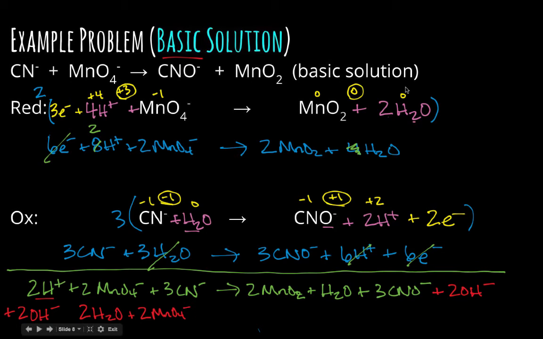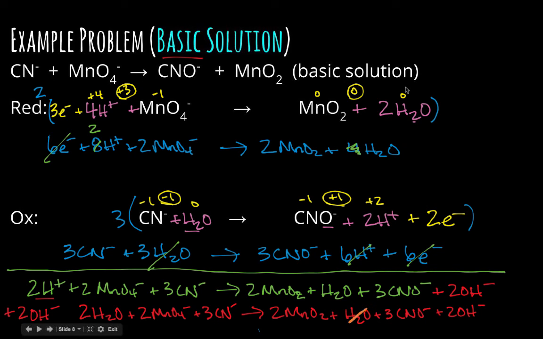2 MnO4 minus plus 3 CN minus gives me 2 MnO2 plus H2O plus 3 CNO minus plus 2 OH minus. Now the last step here, the only thing we would have to do, and I'm going to run out of room and not be able to write this, but I'm going to show you here on the bottom, is I can go back then and get rid of one of these waters.